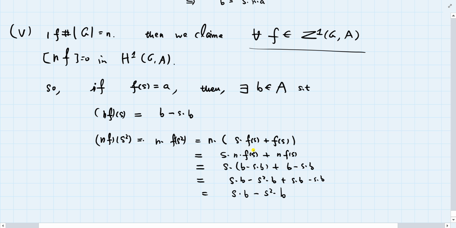And n acting on s acting f is like the summation n times on this element.